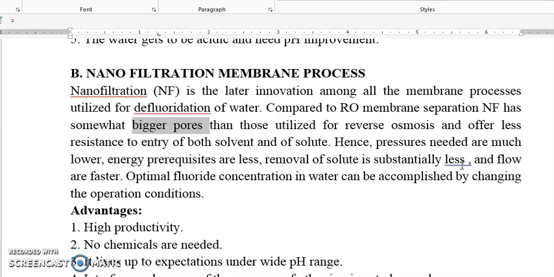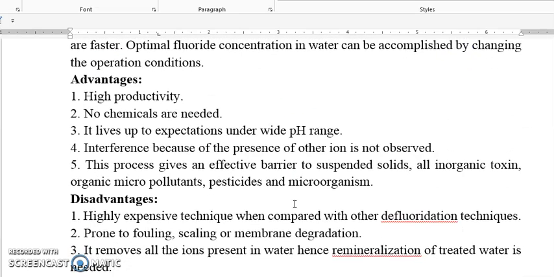Water can easily pass through the nanofilters, so the flow is faster, and the optimum fluoride concentration in the water can be accomplished by changing the operation conditions, right? So what are the advantages?